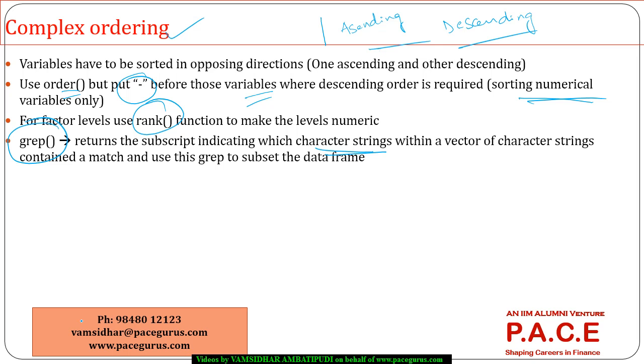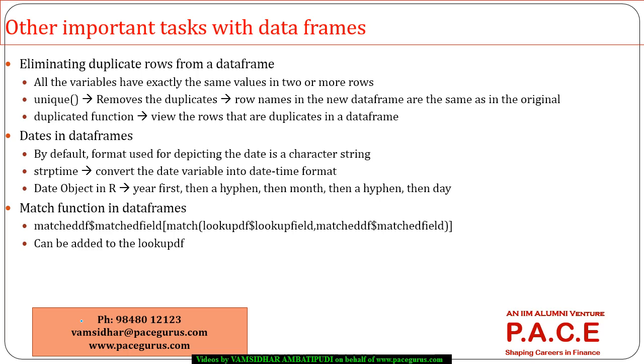Alright. Next talking about a few more important tasks that we can really perform using data frames. So if I want to eliminate the duplicate rows, remove duplicates kind of stuff, all the variables which have exactly same values in two or more rows are typically called duplicates. So I can very well use unique as a function.